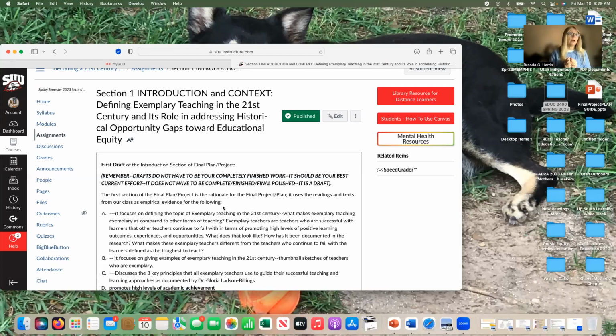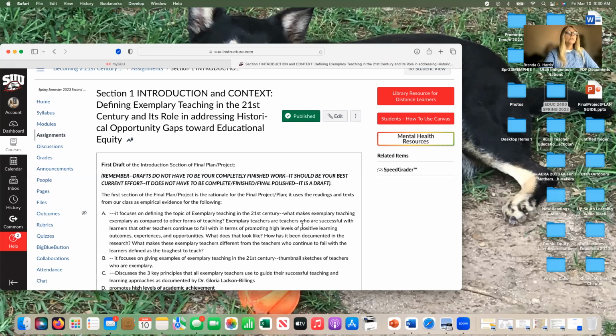What is that? In week 1, we've been exploring that. Week 2, we're going to explore that. Week 3, and really that's a thread that goes all the way through. But in the first couple of weeks, we're really defining what makes exemplary compared to non-exemplary. So you're going to be talking about that.